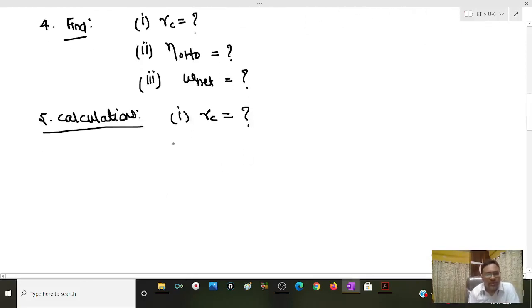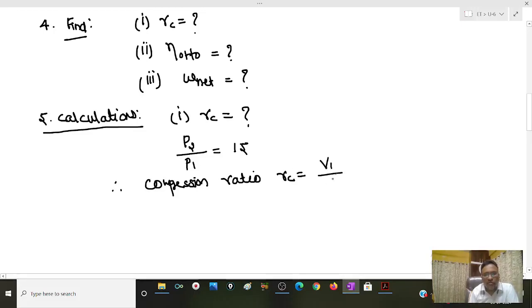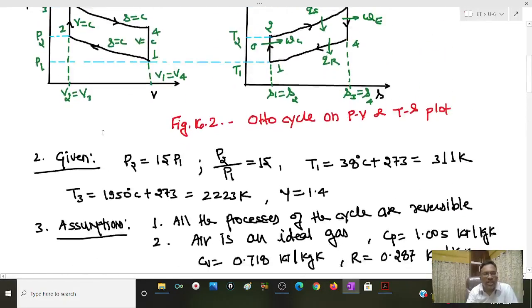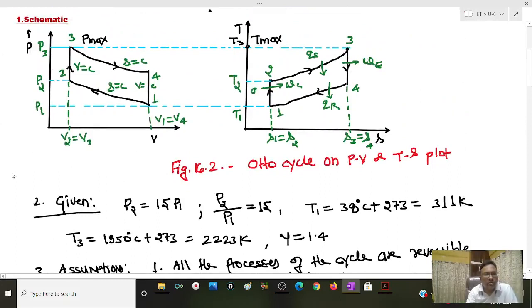Now here we have been given the value of pressure ratio P2 by P1 as 15. We also know that compression ratio is given by the ratio of volume V1 to volume V2. In order to get this value of compression ratio, I will be recalling the characteristics of process 1 to 2.